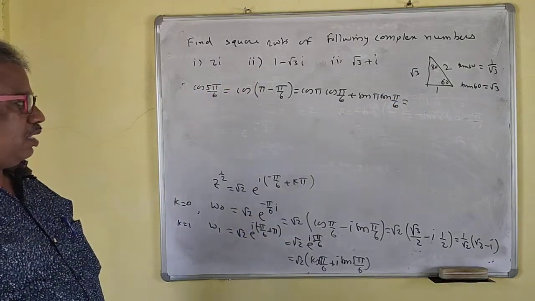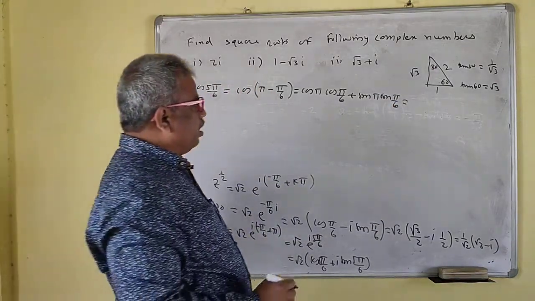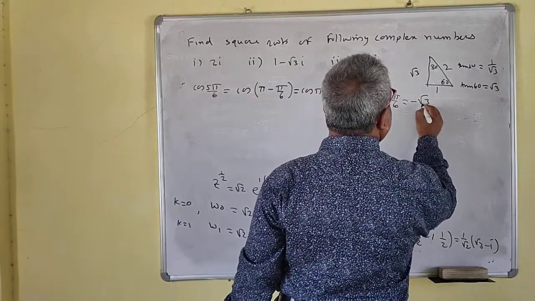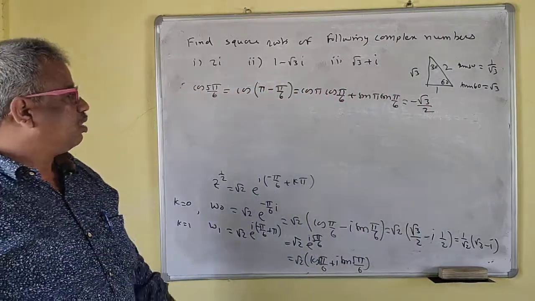Cos pi is minus 1 and cos 30 is root 3 by 2, so this is minus root 3 by 2.